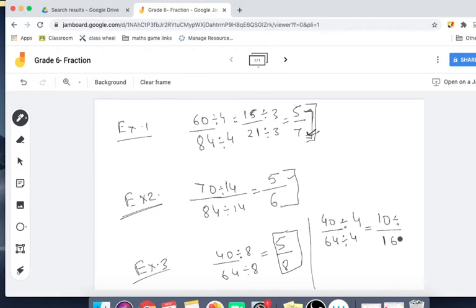Now further you have to divide it by 2 because it is again divisible. 2 fives are 10 and 2 eights are 16. So 5 by 8 is the answer here also. You can start with any other number, it is okay, but you have to continue solving it till the smallest number.